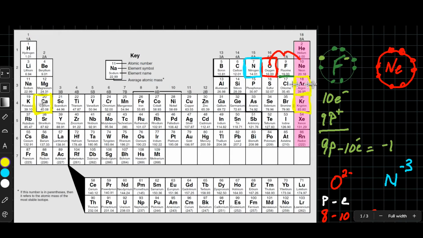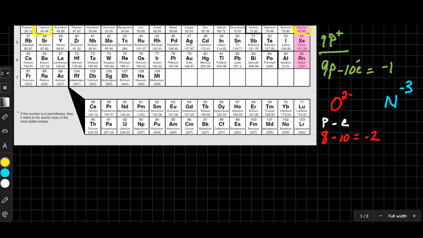If we're going to go from 20 to 18, we're going to do the same thing. So calcium has 20 protons. And if we're trying to get to argon, what is 20 minus 18? Right?